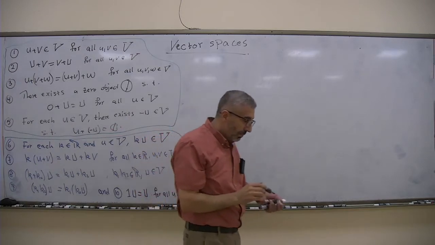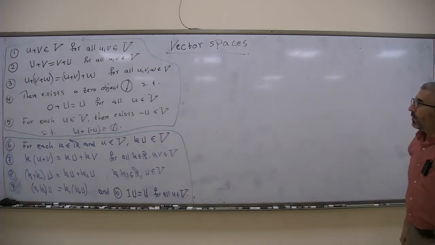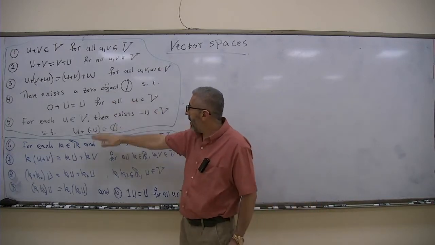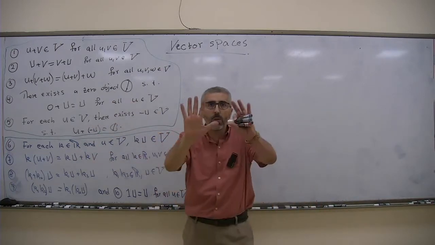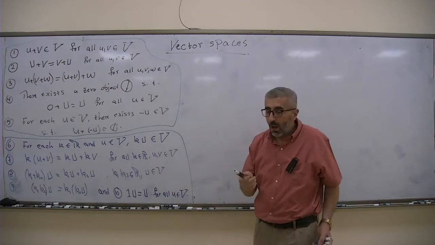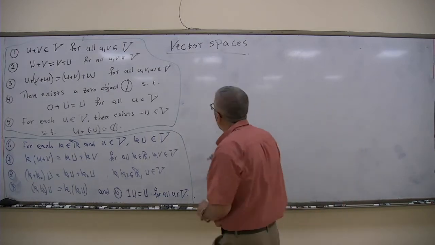Okay? So, any set of objects with 2 operations, addition and scalar multiplication, that satisfies those 10 conditions, we call it a vector space. Okay? All right, let's start with an example here.